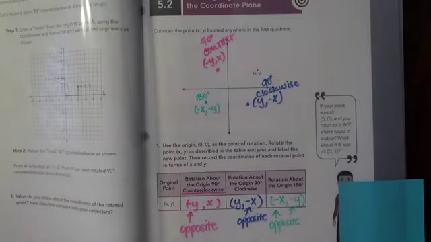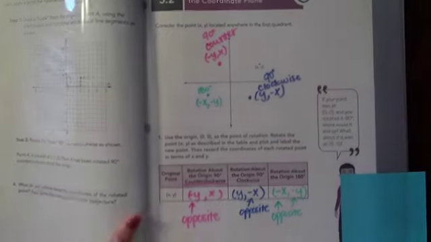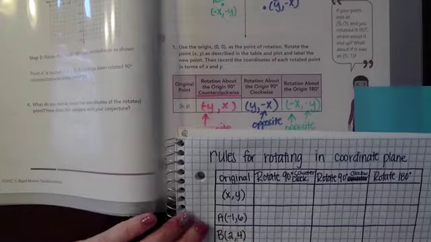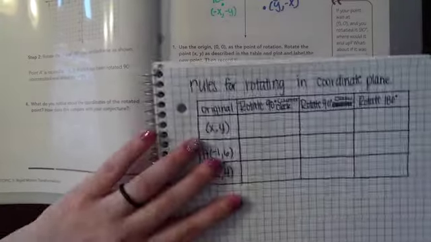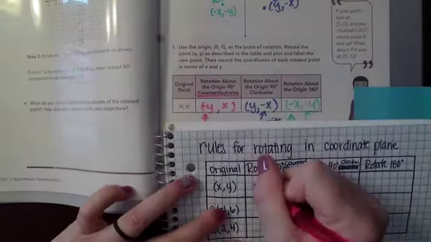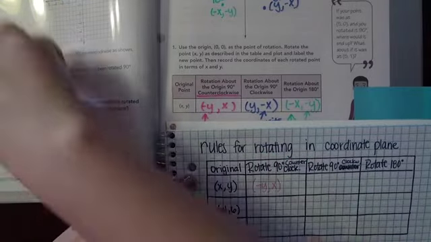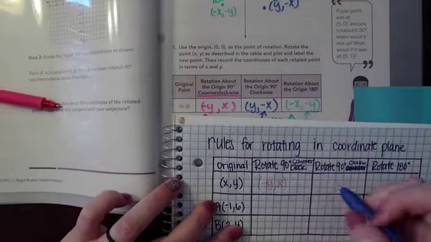Okay, so I know that those are a little bit hard. We're going to write this in our notebook, and the reason I like to write it in my notebook is because sometimes you don't know where to go back to in your actual textbook to get to this information. So that's why I like to write it in your notebook. So then it would be negative y, comma, x for counterclockwise.